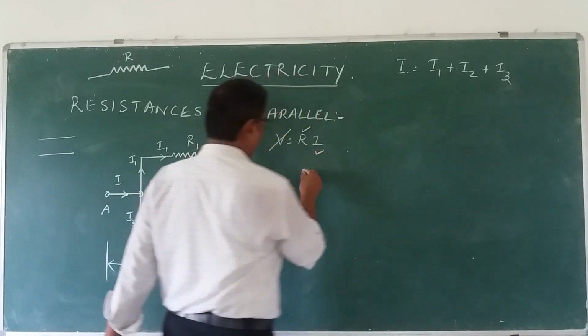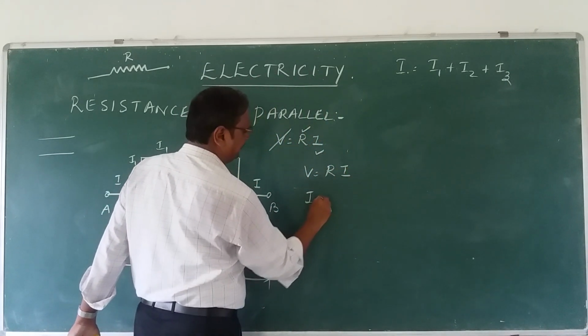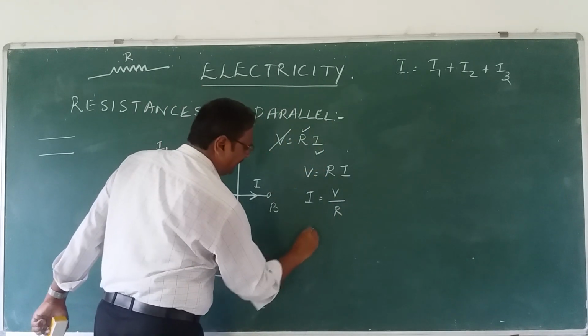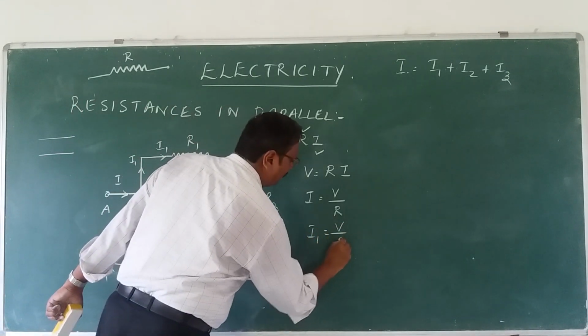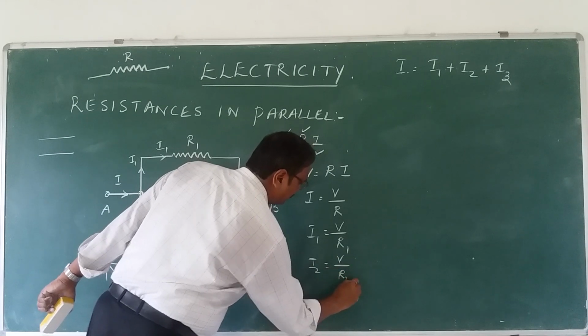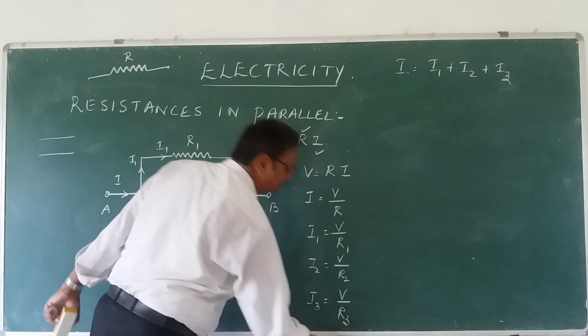Again, Ohm's law, V is equal to R into I, so I is equal to V divided by R. So, what is I1? V is constant: V upon R1, I2, V upon R2, I3, V upon R3.